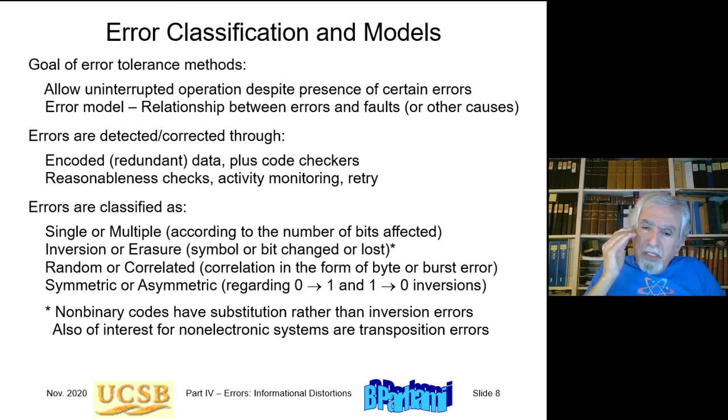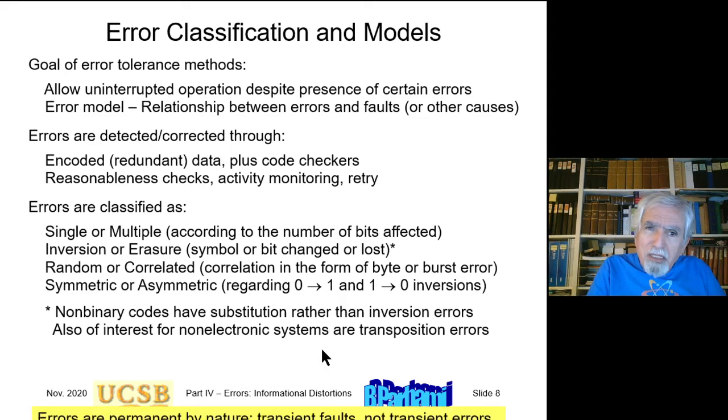So for bits, we talk about inversion errors. For non-bits or general symbols, we talk about substitution error. Okay, so the transposition error I'll discuss in the context of an example.